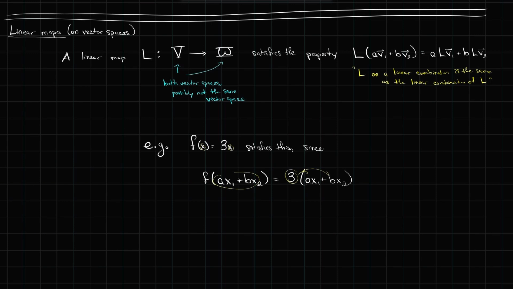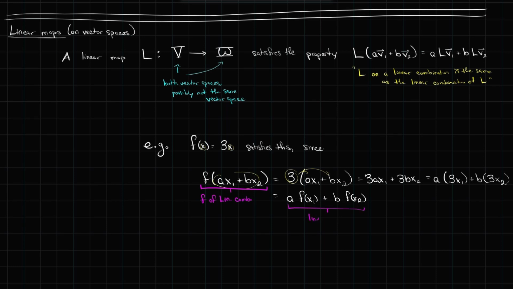This is the same as 3a x1 plus 3b x2, which is the same as a times 3x1 plus b times 3x2, which is the same as a times f of x1 plus b times f of x2. So this is f of a linear combination. This is a linear combination of f. So the fact that they're equal means f is linear.